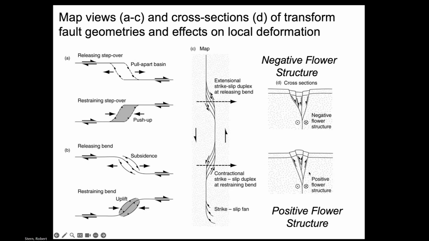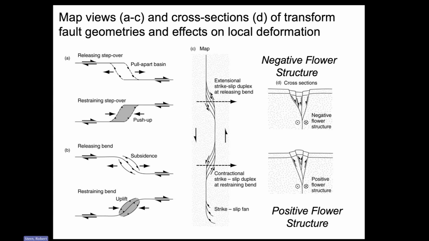So here we cross this contractional structure. We have a positive flower structure, all kinds of thrust faulting there. Those are thrust faults. And here with the left step on a left lateral fault, we have a negative flower structure. So we have a bunch of normal faults that merge at depth, and we can imagine what happens at even greater depth once we get below the brittle ductile transition.